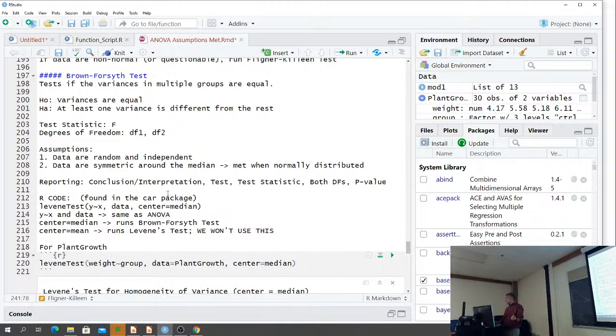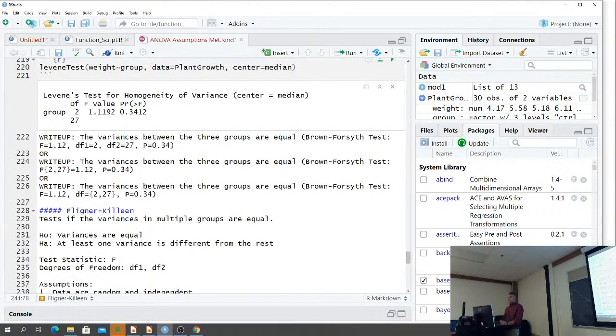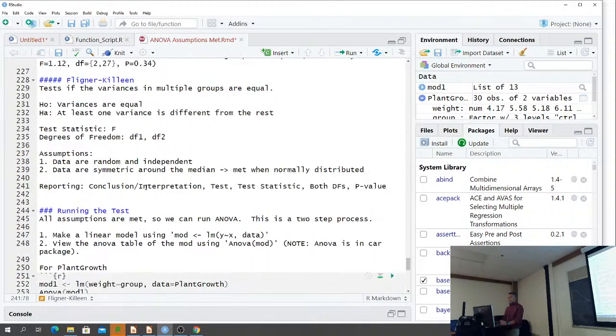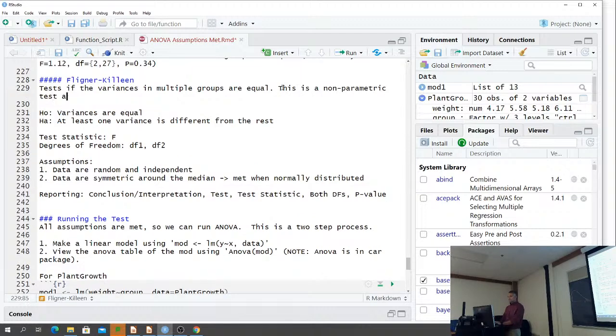Because the questions are the same, the null and alternate hypotheses are the same. Our test statistics are going to be different, and our assumptions are going to be a little bit different. It tests if the variances in multiple groups are equal. I'm going to add that this is a non-parametric test and compares ranks instead of actual values, like the weight values.